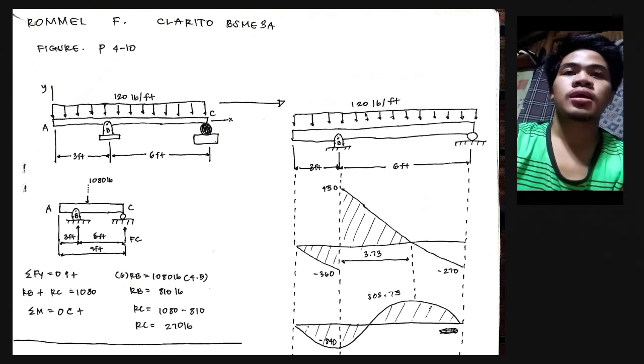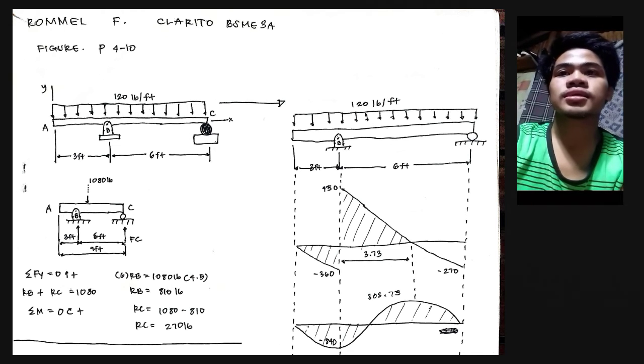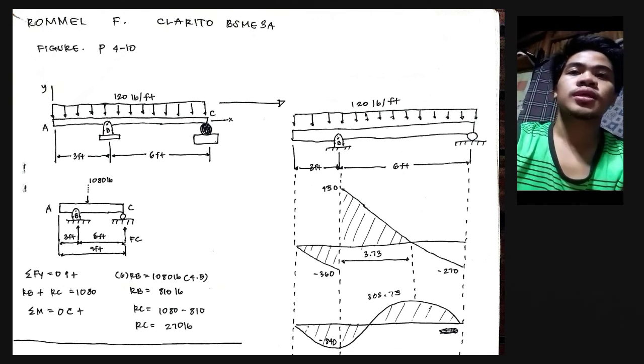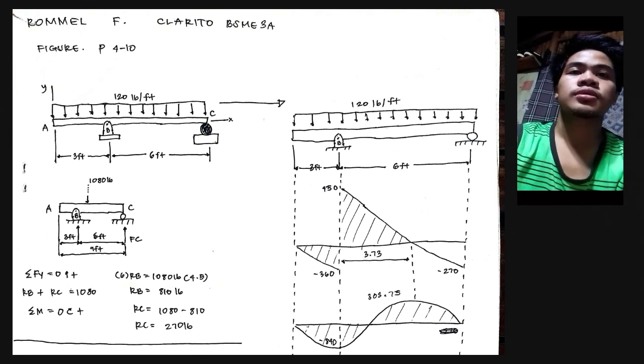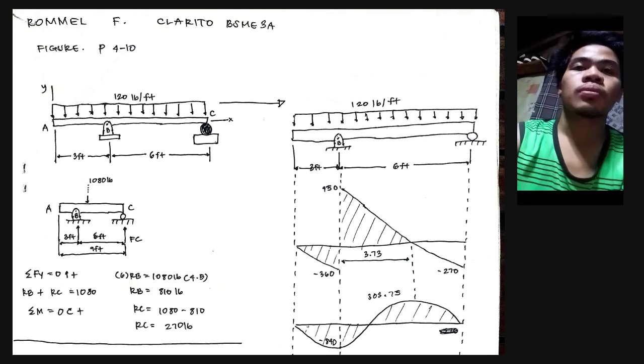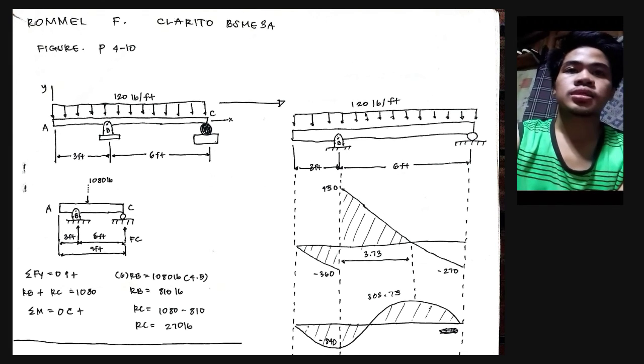That gives us a value of RB: RB multiplied by this distance 6 feet is equal to 1,080 pounds multiplied by the distance here, which is 4.5 feet, and that gives us RB as 810 pounds. For the RC, using the equation of the summation of vertical forces, we get RC is equal to 270 pounds.